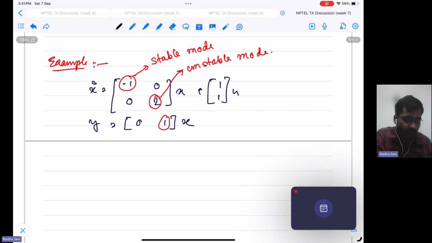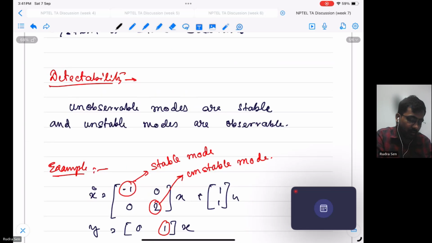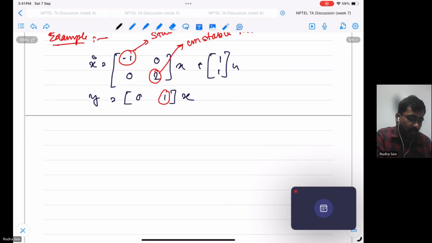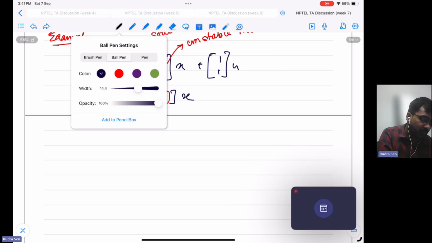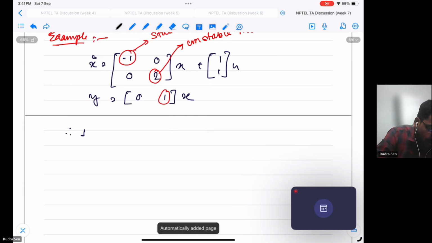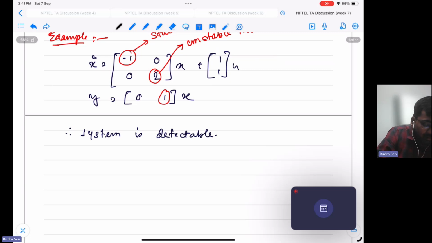So the unstable mode is observable and the unobservable modes are stable. Therefore the system is detectable. So this is basically the weaker notion of observability.